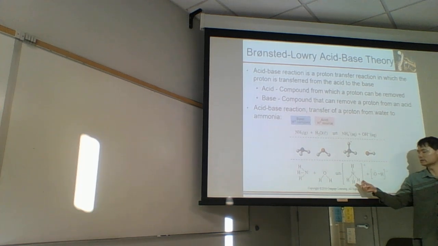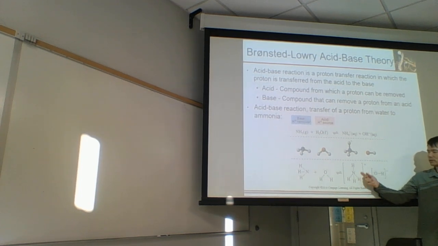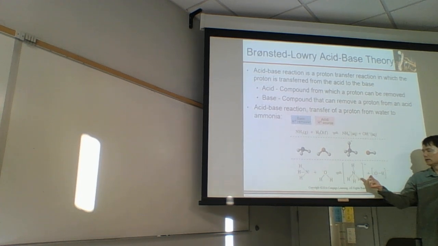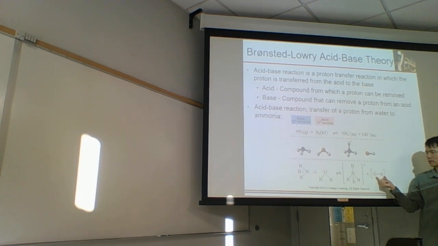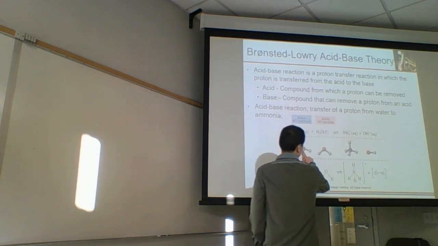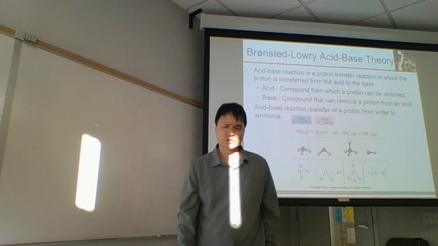So the acid loses the H. Which one loses H, the ammonium or the hydroxide? Ammonium loses the H. So this is the acid going backwards, and hydroxide gains it to form water. This is the proton donor, this is the proton acceptor, in the reverse. And so we can label it: this is the base, this is the acid, this is the acid, and this is the base. Then we compare which one's stronger.